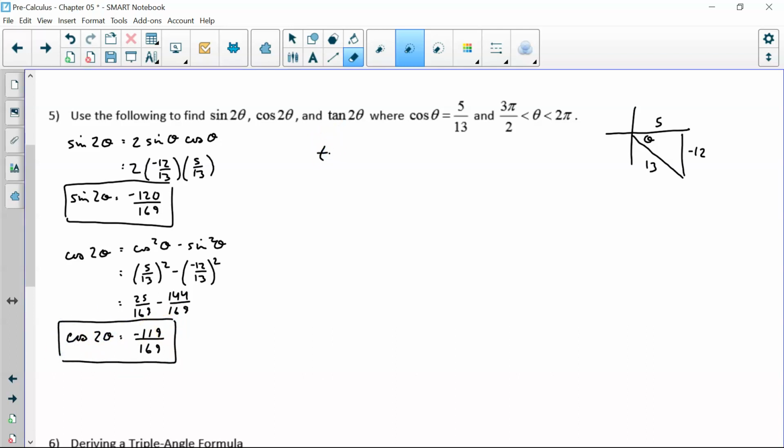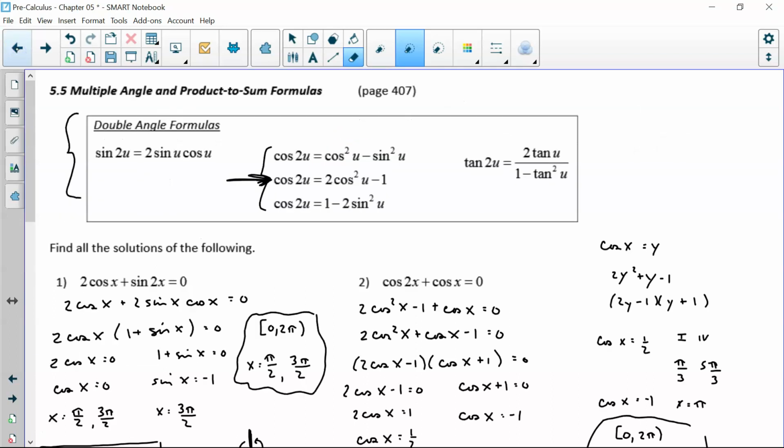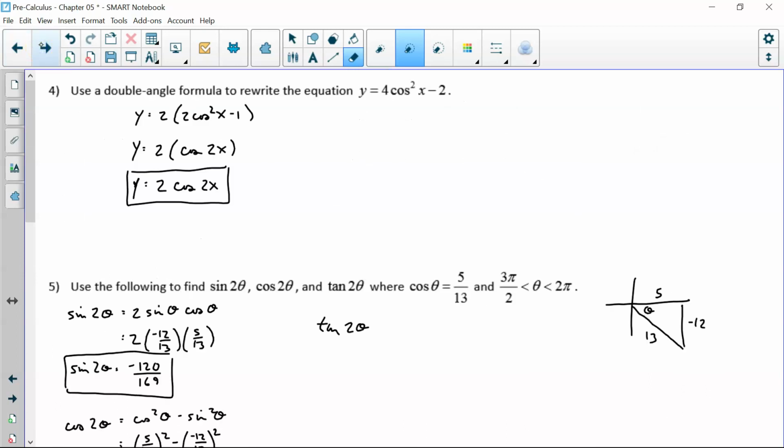And then finally, the tangent of 2 theta. Using the double angle formulas, it's going to be 2 tangent theta over 1 minus tangent squared theta. So it's 2 times the tangent, opposite over adjacent, negative 12 over 5, over 1 minus negative 12 fifths squared.